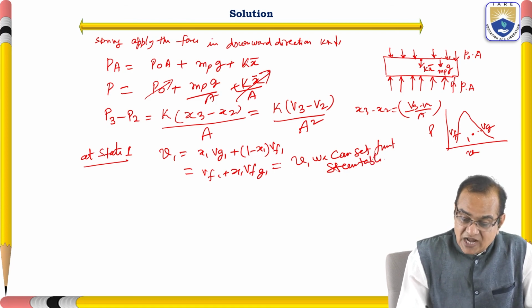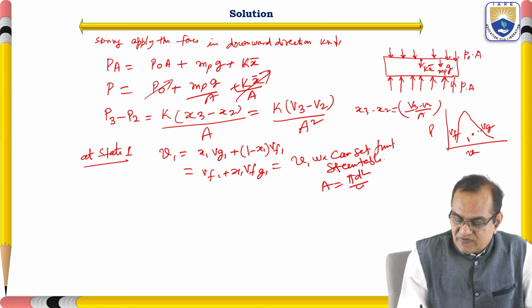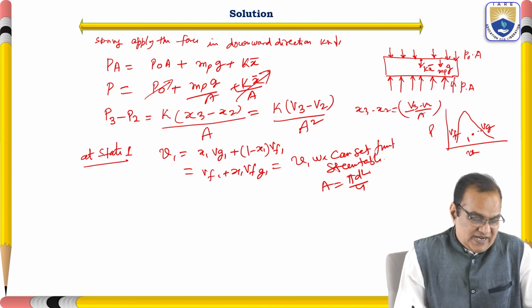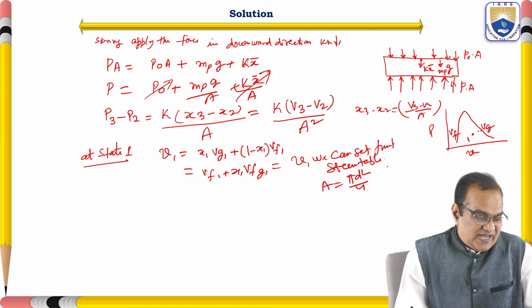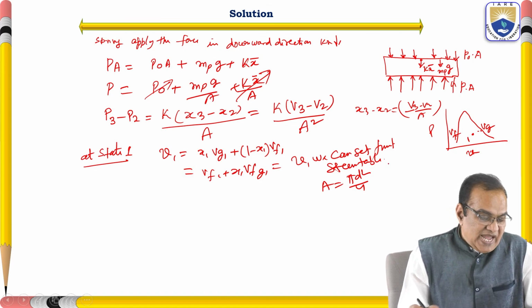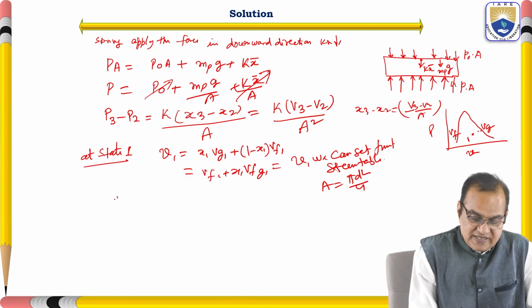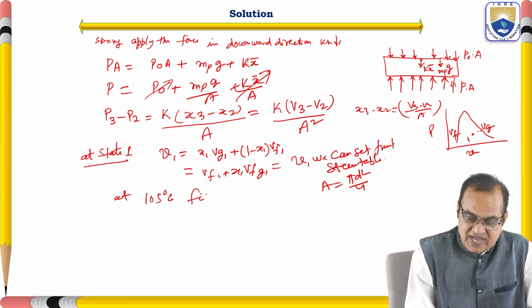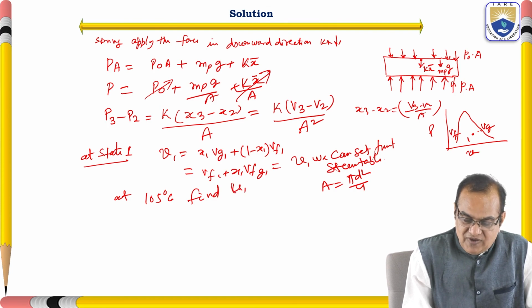Okay, and also we can get the area, which is equal to pi D square by 4. D is given here. We can find out this. So we know that at 105 degrees centigrade we can find the U1, V1 from the table.